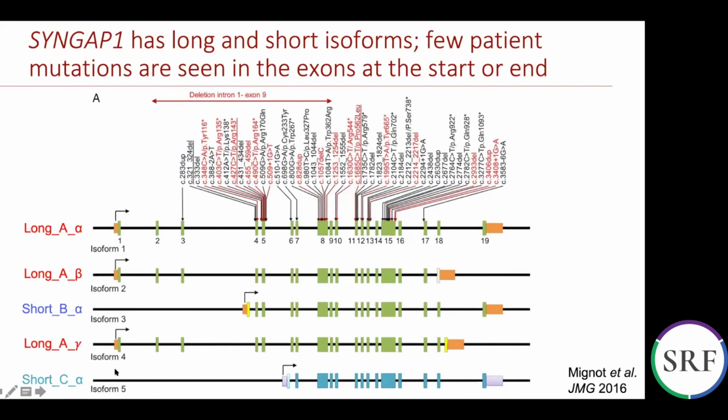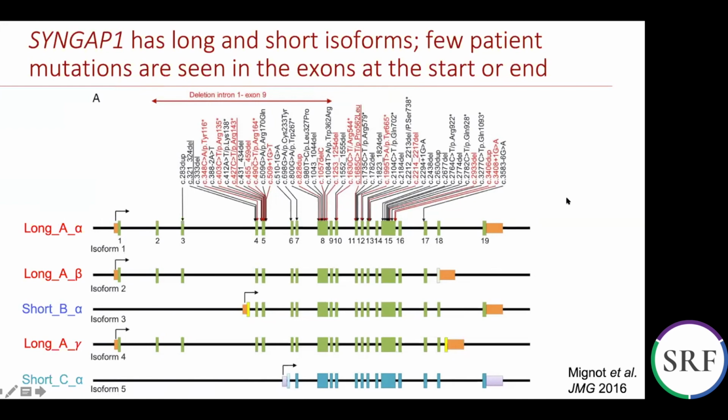That was known already, but the important thing is displaying the mutations alongside those. Here you can easily appreciate there are long isoforms which start here, and then there's a short isoform called B which starts here, and a very short isoform called C which starts there.